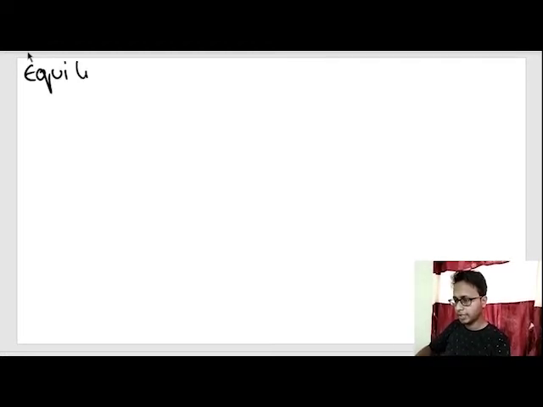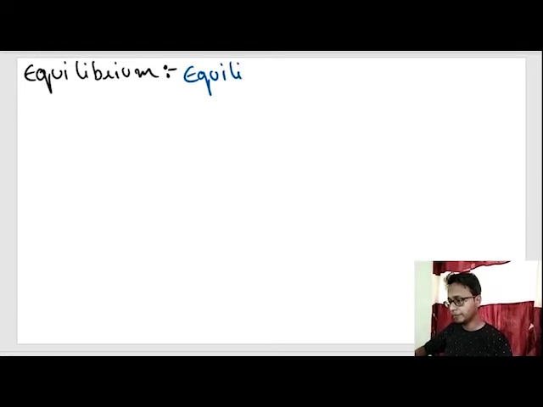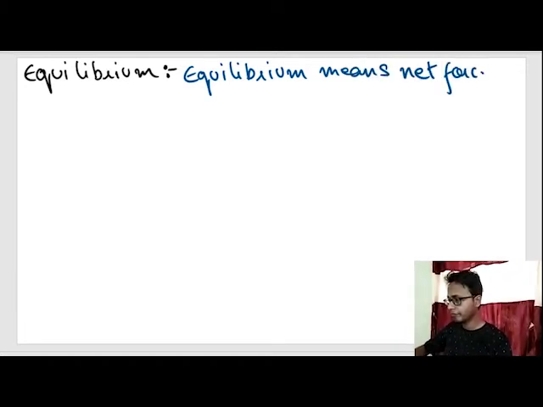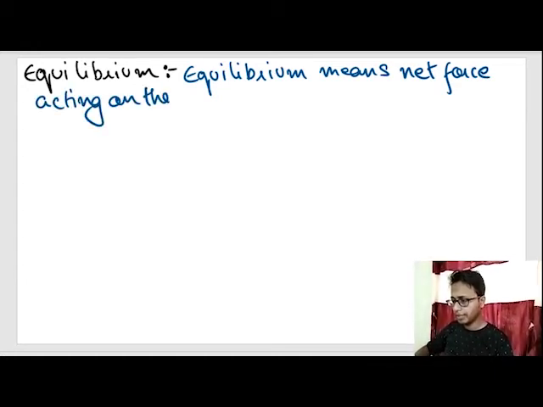Okay, so now we'll study about equilibrium. E Q U I L I B R I U M. Equilibrium means net force acting on the body is equal to 0.